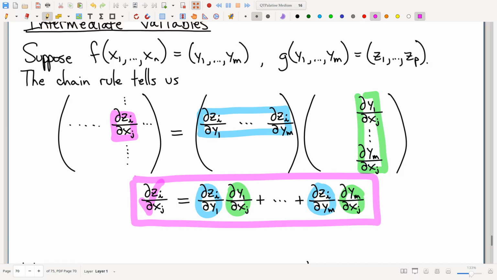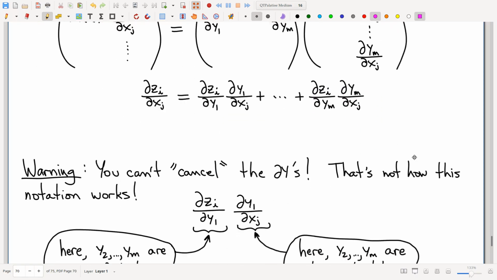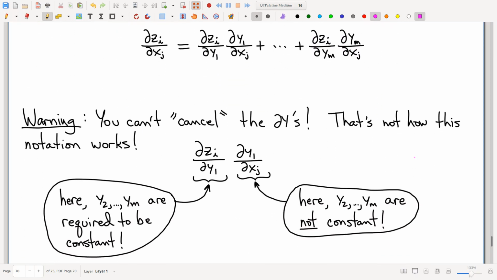Very handy. Now, we're not going to have time to do much with this, but I do want to warn you about one thing. This is a real big problem. I see a lot of students messing this up. It's catastrophic, and it's easily addressed as follows. Here's what a lot of students do. A lot of students will start writing this down, and they get to about here, and then they think, oh my God, check this out.